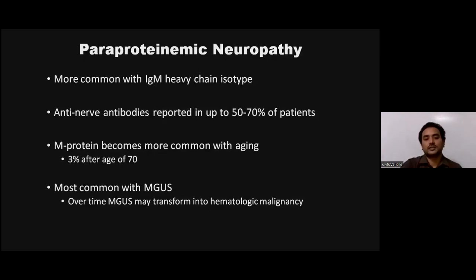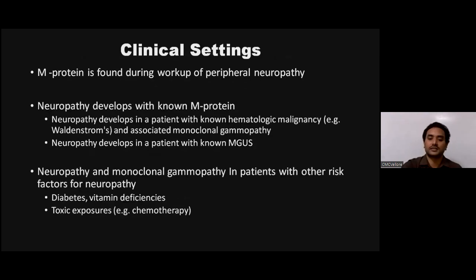Most commonly, paraproteinemic neuropathy is associated with MGUS, and sometimes the MGUS may transform into hematological malignancies. So what are the clinical settings we come across in day-to-day practice of paraproteinemic neuropathy? First, during the workup of chronic peripheral neuropathies, we can find an M protein when we send serum protein electrophoresis.